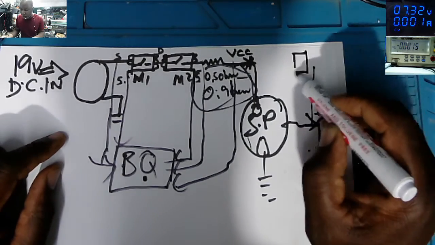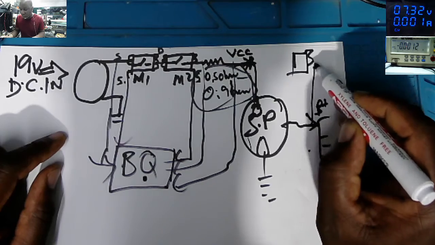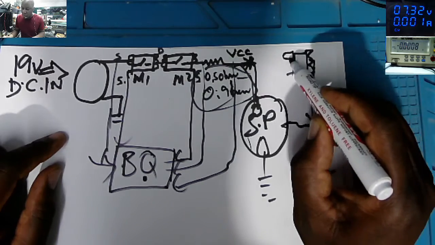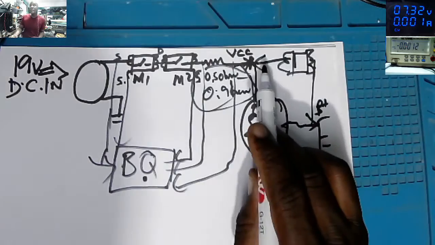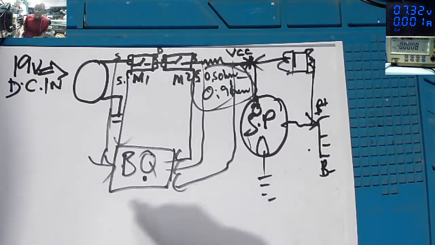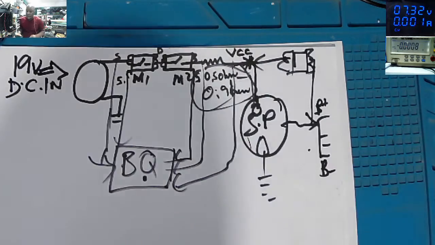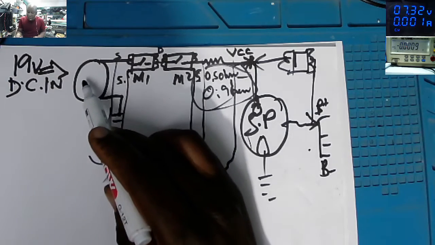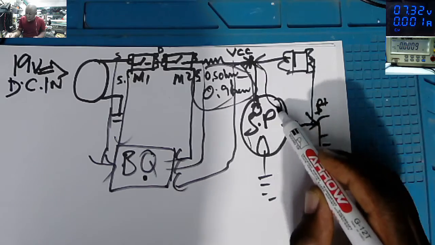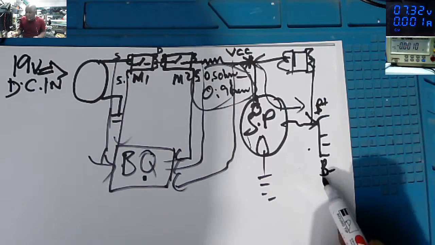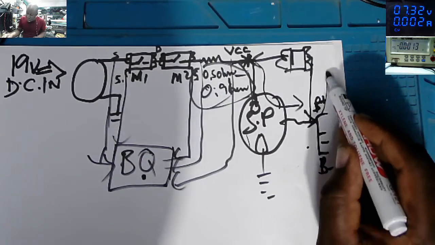We have a MOSFET here, and this MOSFET is going straight to the VCC, and from this it is going everywhere. So the power from the charger is coming this way to the battery, and from the battery it is going this way.